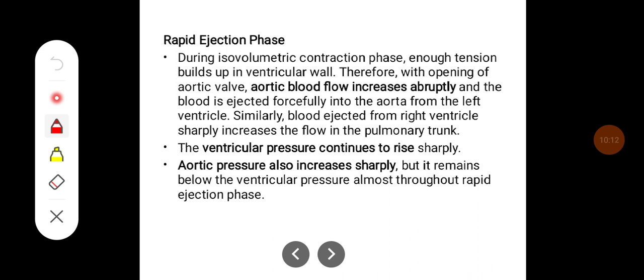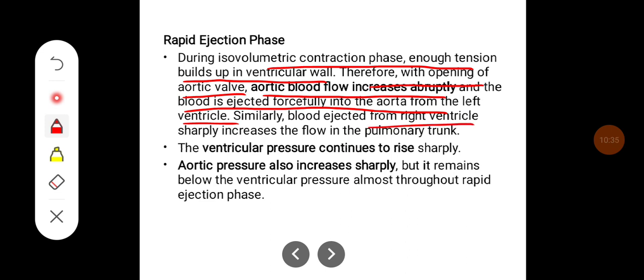In rapid ejection phase, during isovolumetric contraction phase, enough tension builds up in the ventricular wall. Therefore, on opening of the aortic valve, aortic blood flow increases abruptly and the blood is ejected forcefully into aorta from the left ventricle. Similarly, blood ejected from the right ventricle sharply increases the flow in the pulmonary trunk.